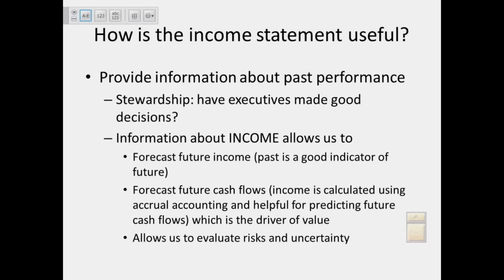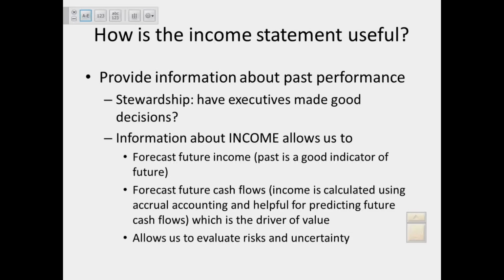One of the things that the income statement is telling me is how well the manager is protecting my resources. I can look back and say, did they do a good thing with the money I gave them? If not, I could come up with one of two options. One is I could try to figure out a way to get rid of that management. The other is I can try to figure out a way to get out of this company. If the manager is entrenched and nobody else wants to get rid of him, I may choose to sell off my shares because this is not a company that I want to continue a relationship with. So that's the first thing the income statement can tell us.